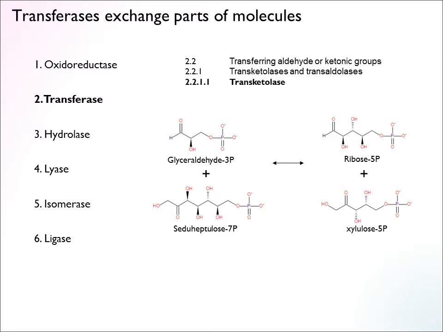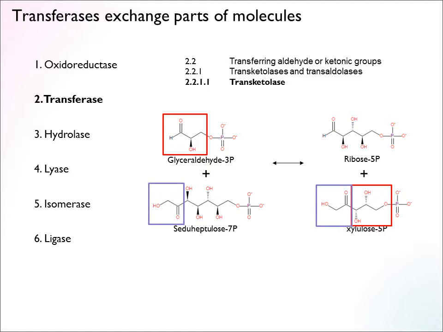So transferases are enzymes that transfer parts of metabolites. So an example is transketolase, shown here. This is an enzyme we encountered in the pentose phosphate pathway. So what this enzyme does is that it takes this 3-carbon skeleton of glyceraldehyde, and it uses that to form part of a 5-carbon sugar.